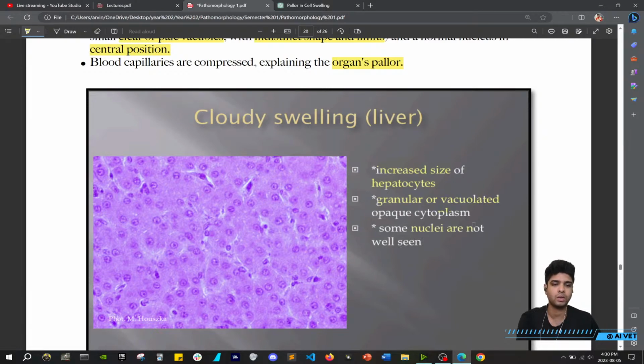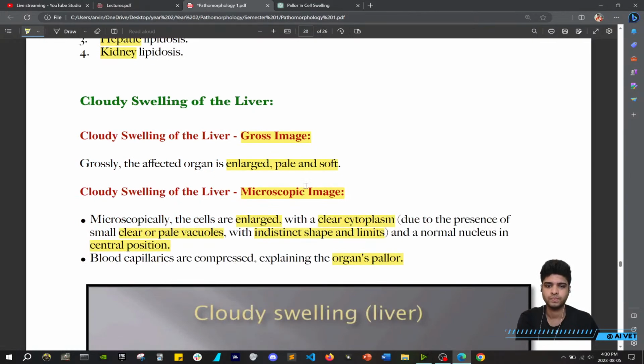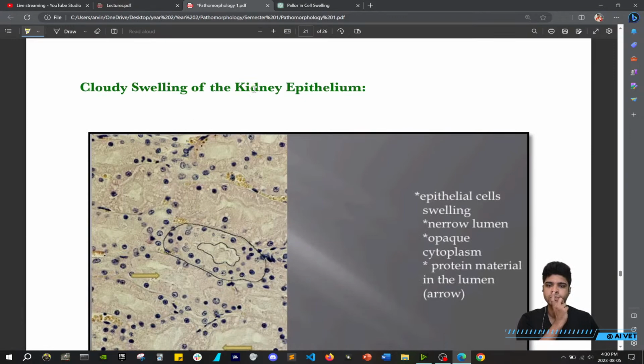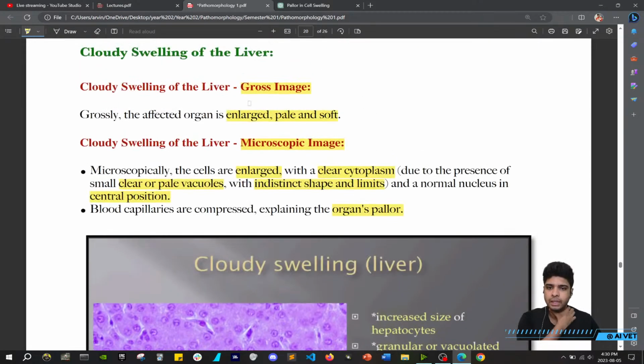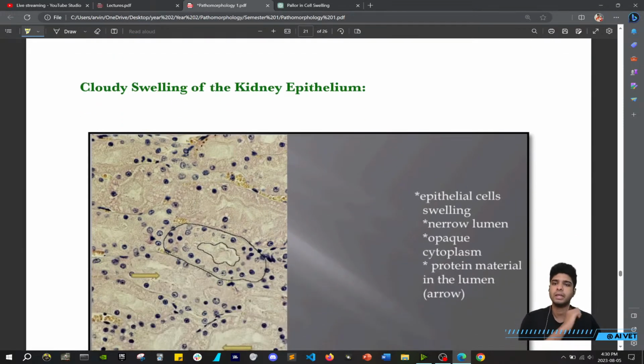Sometimes the nuclei are not well seen. Now let's look at kidney. So this is what the liver looks like. Let's look at the kidney one.